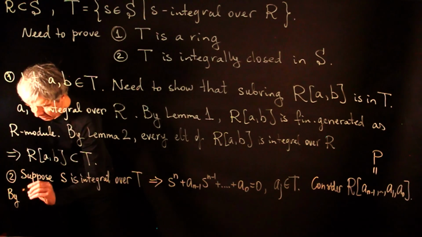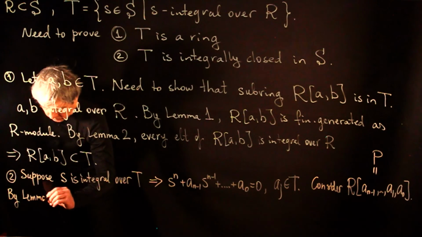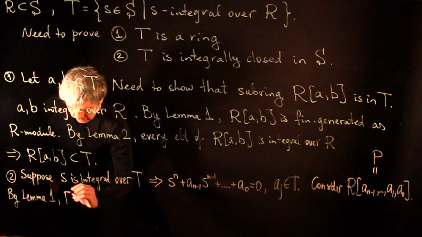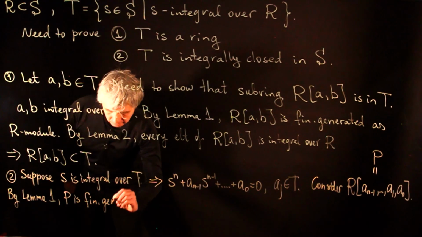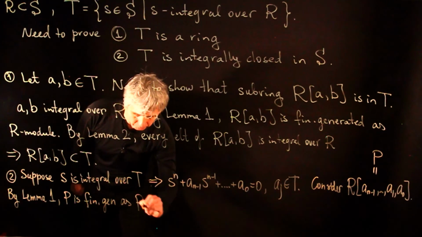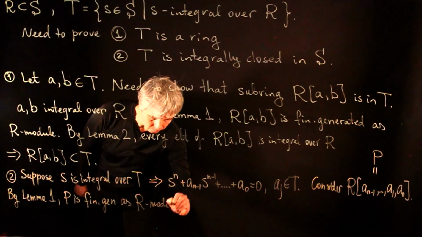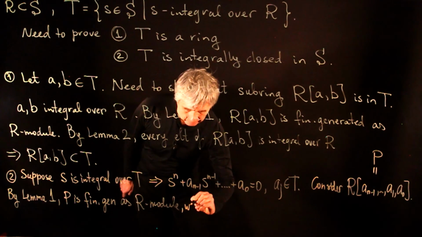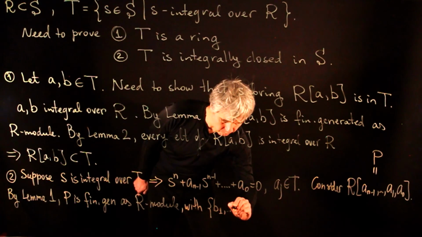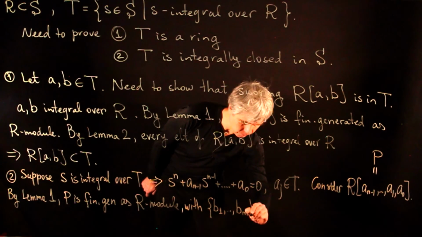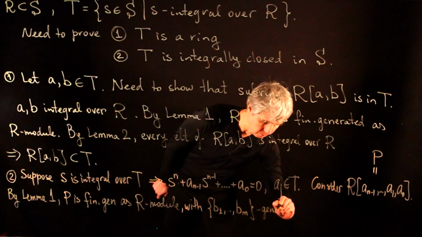By lemma 1, P is finitely generated as an R module. And let's denote the generating set by b1 through bm. So these are generators.